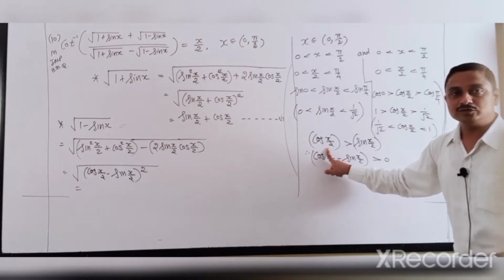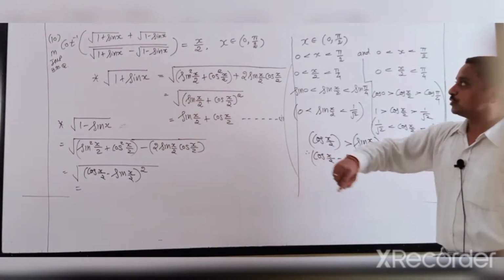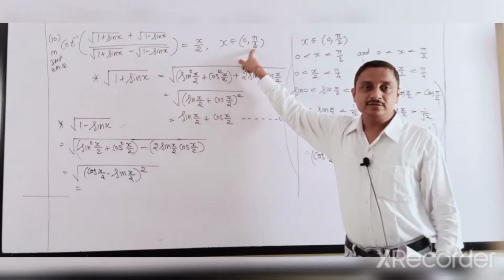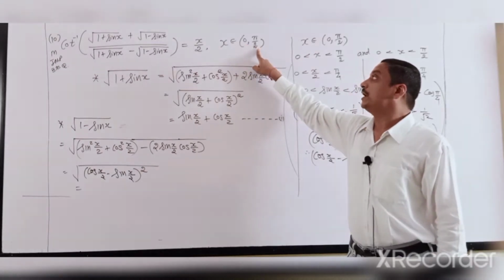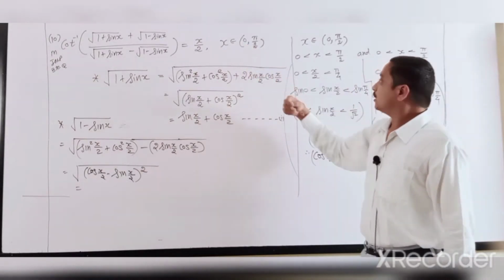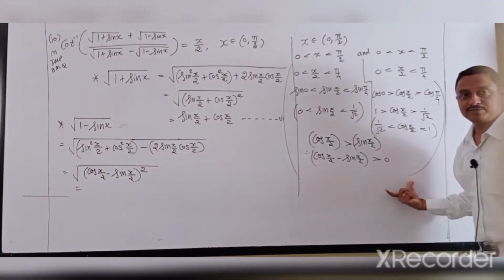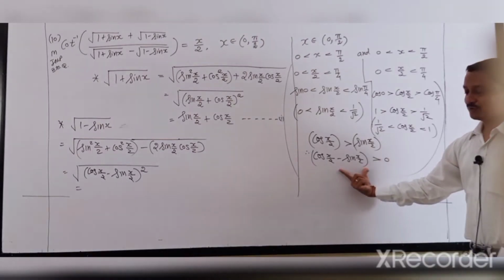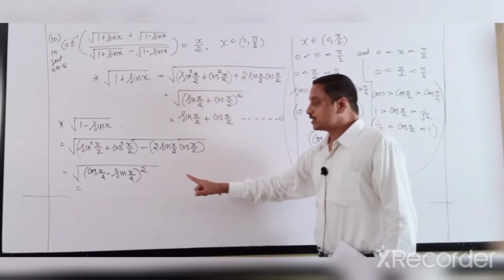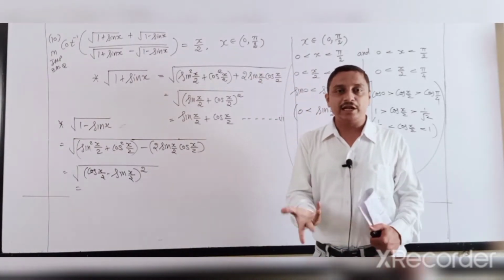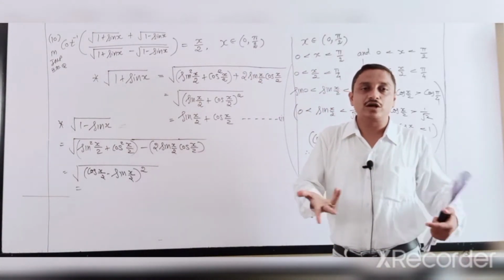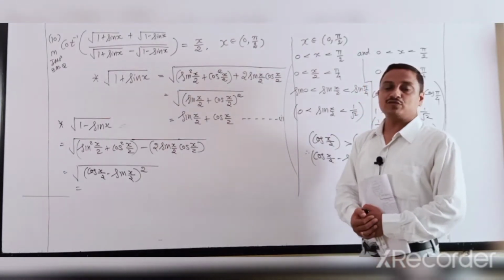Cos x by 2. So one more time repeat, students, in the textbook here printed 0 to pi by 4. It is wrong. You just rewrite 0 to pi by 2 and then apply the conditions. Why checking here positive? Because every square root is always positive. Negative values in the square root are not converting in the range of cos and sin.